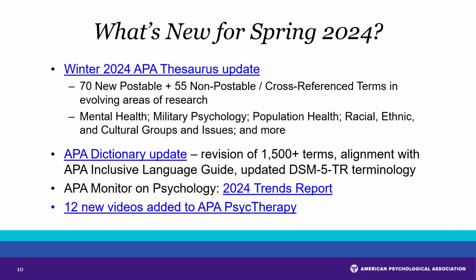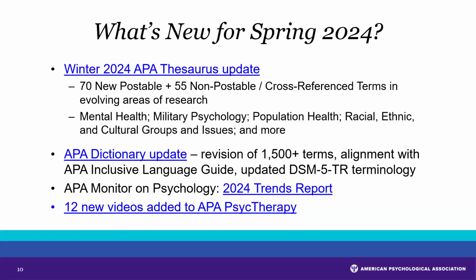In a moment, I'm going to also drop the slides into the chat so you can all benefit from being able to download and take them back with you. But yeah, we've added new thesaurus terms that can improve your searching on those topics.